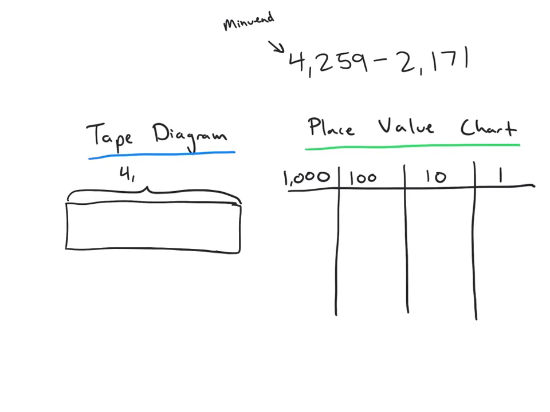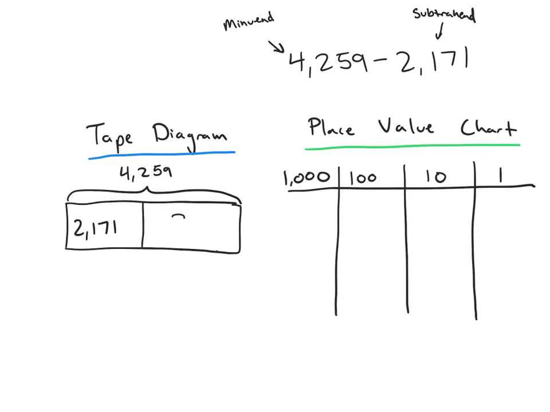And that is equal to the whole of the tape diagram, so 4,259. And then the second part of the subtraction problem, which is called the subtrahend, is representing one of the pieces of our tape diagram. So one of these pieces is going to be worth 2,171.